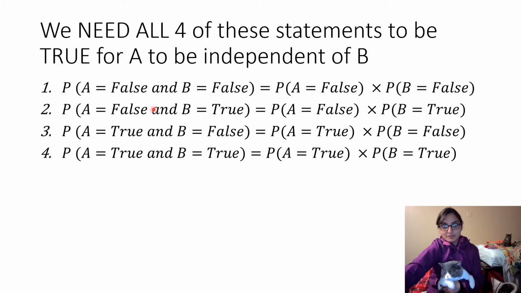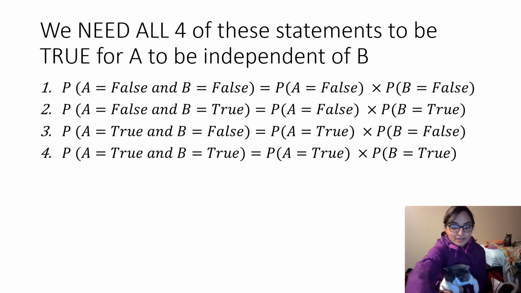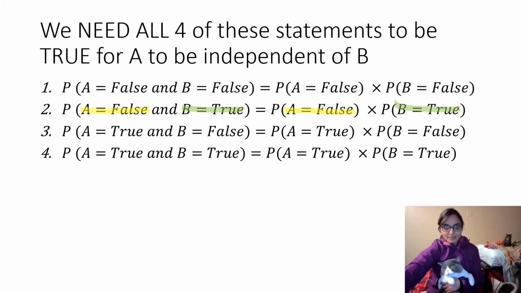So basically, whatever is inside the and, that's kind of like what you are conditioning on in a way. So in this case, if A is false, then you have to multiply by the probability A is false here. And if B is true here, then you have to multiply by the probability B is true. So that's how it works. The probability A is true and B is false should be equal to the probability that A is true multiplied by the probability that B is false.